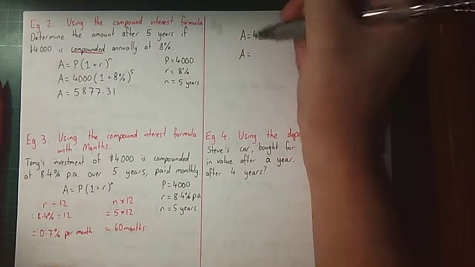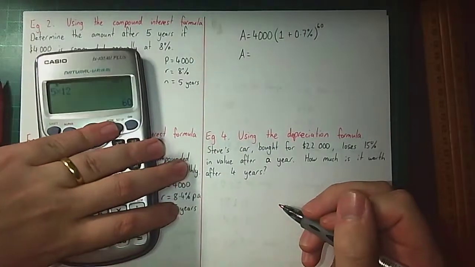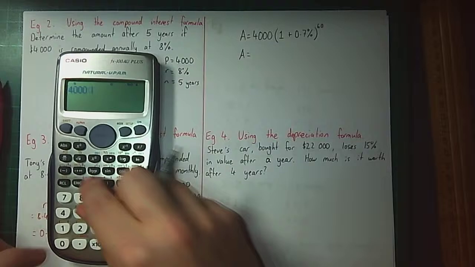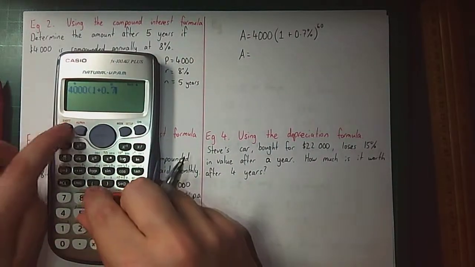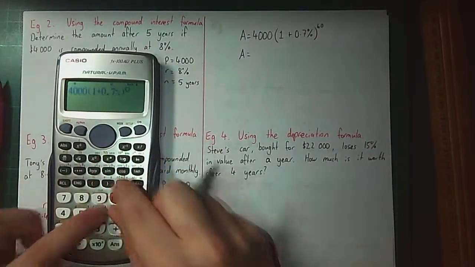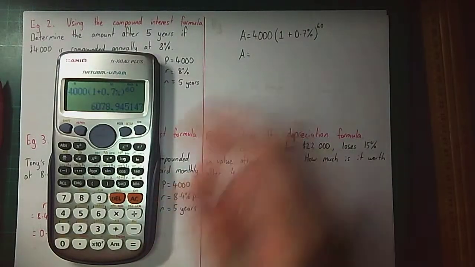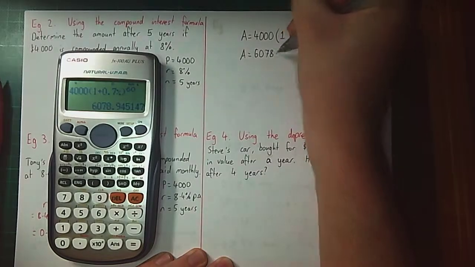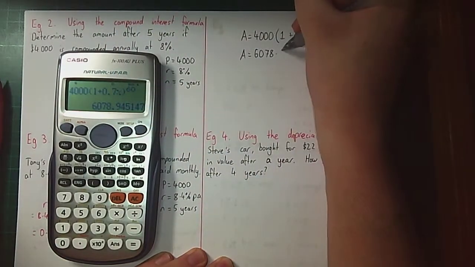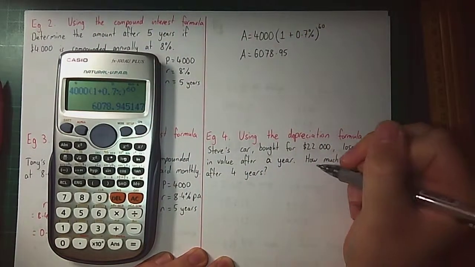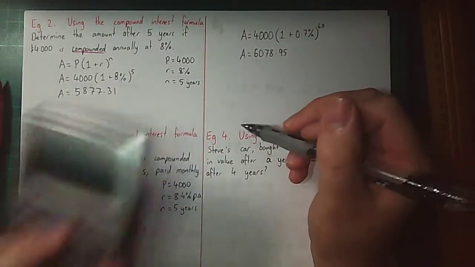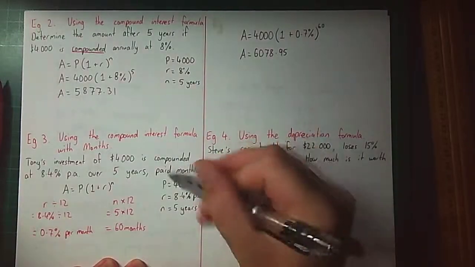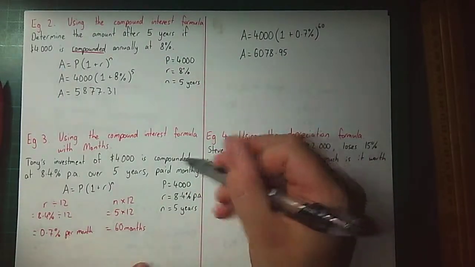Once we've got all that, we pop it into our calculator. We've got 4,000 inside of 1 plus 0.7% to the power of 60. That gives us $6,000.78, and we'll round up, that's 95 cents. So that gives us our answer for example 3. So making sure that our R and our N match the rate in which is being paid.